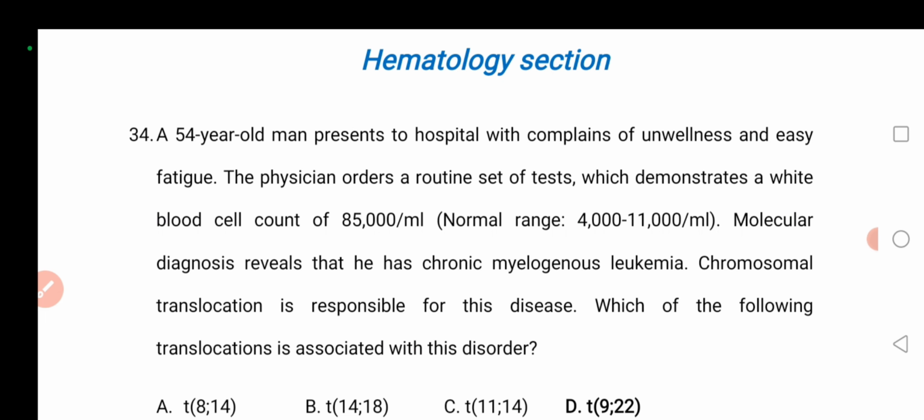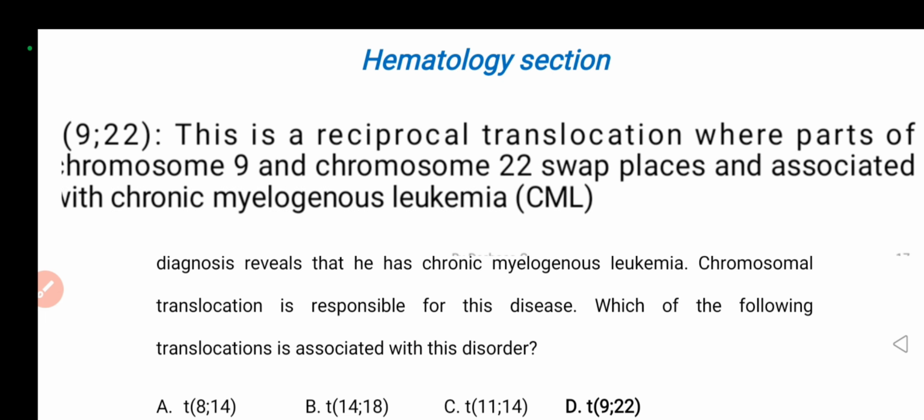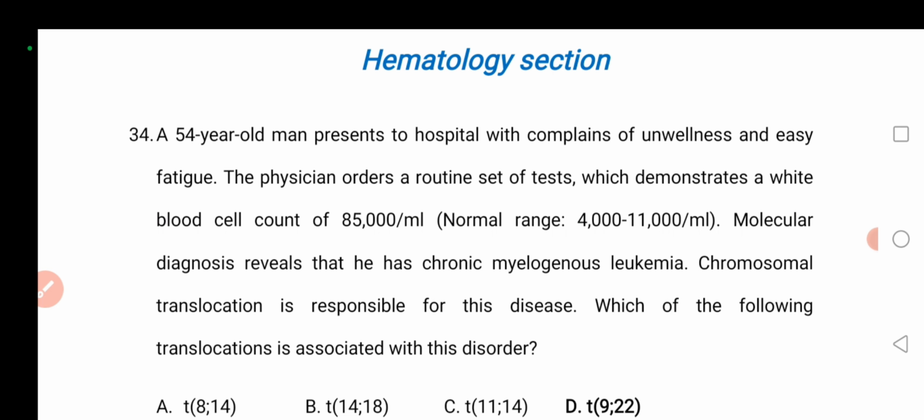So the most common type of molecular disorder is the t(9;22) translocation. It's a reciprocal translocation where parts of chromosome 9 and chromosome 22 swap places, and it is associated with CML. Translocation means exchange of the nucleotide.